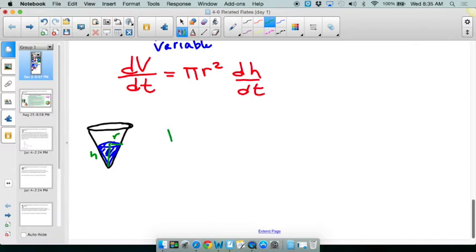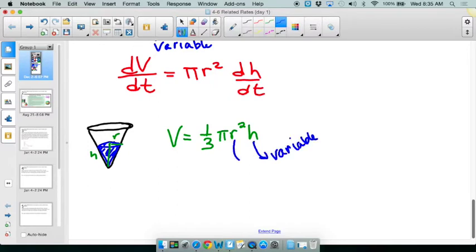So if we look at the volume of our water here, 1/3 the area of the base of the water times the height of the water, this is now changing, so this is now variable, and this is changing, and this is changing. When I use the term variable, I mean it's changing. It also happens to be a letter, hence the reason why we call letters variables.